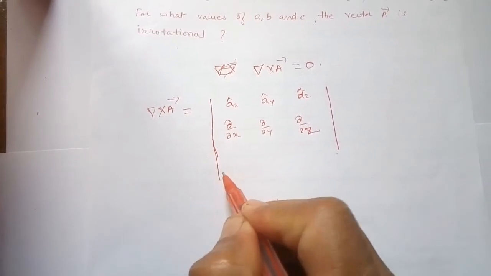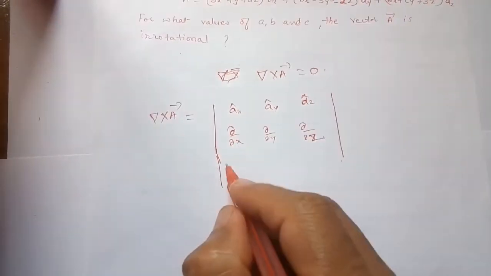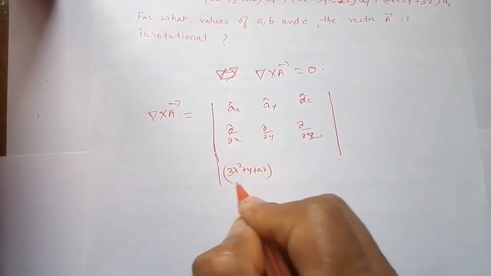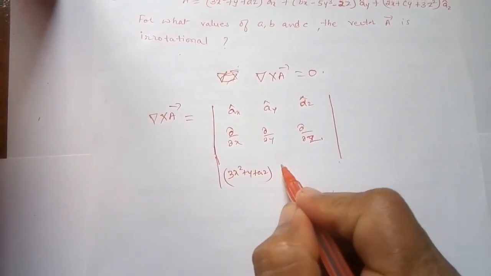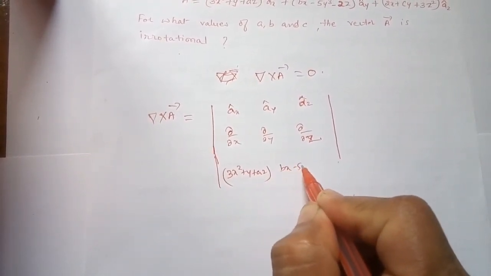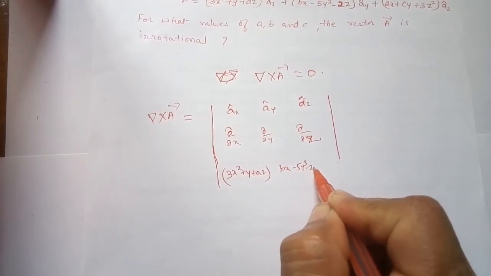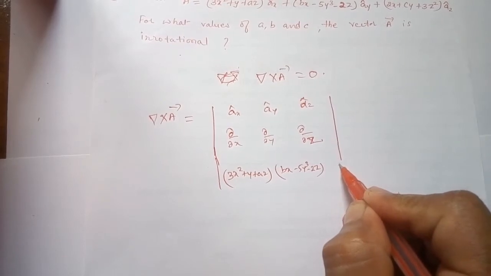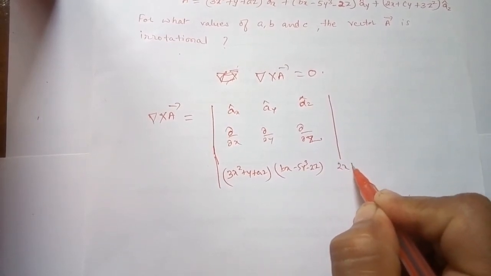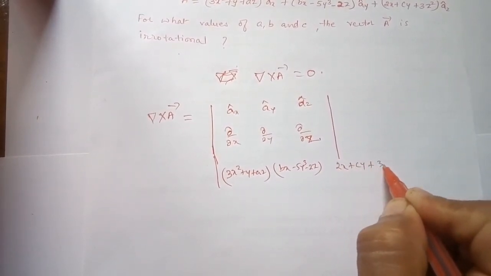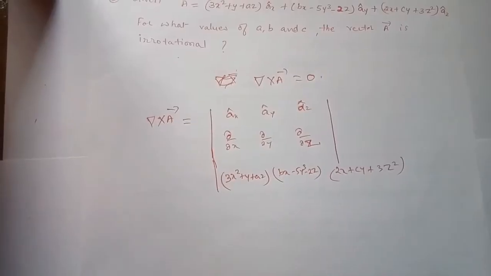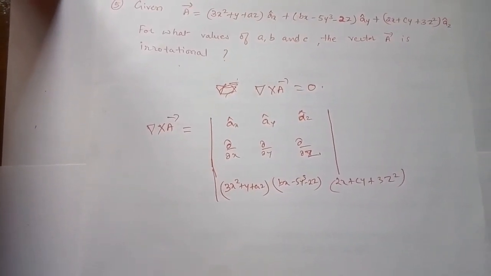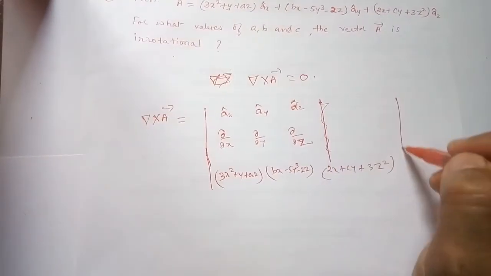The x component is 3x square plus y plus az, then the y component is bx minus 5y cube minus 2z, and the z component is 2x plus cy plus 3z square. Okay, so I can put it here.